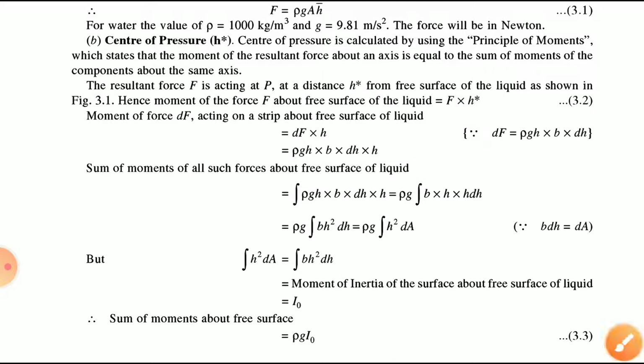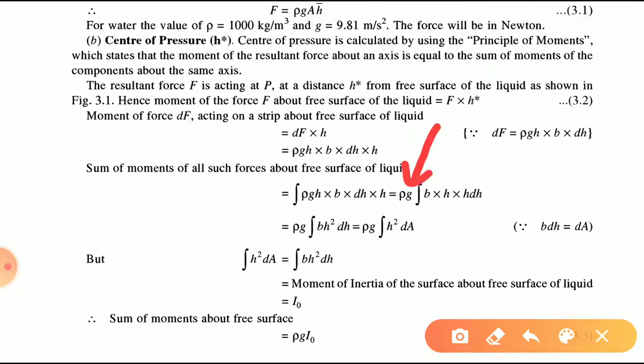If we simplify this, rho g comes outside of the integration of b into h into dh. Now we know that b into dh is the area, which is dA, and h into h is h square, so this will become the integration of h square dA.